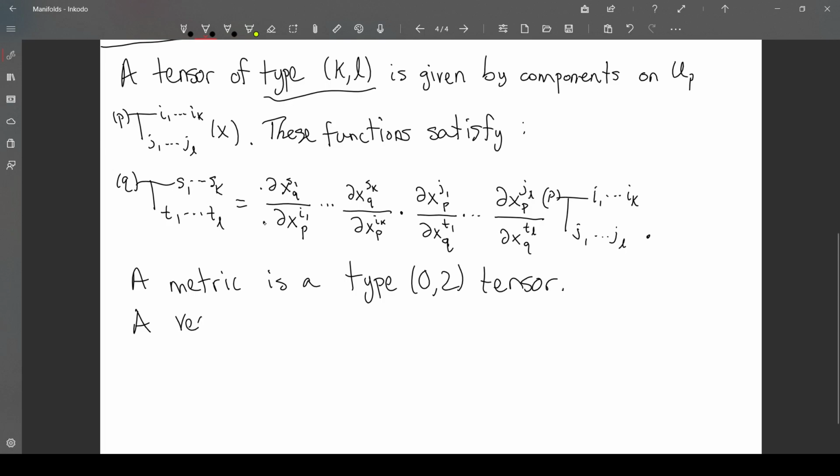A vector, a tangent vector, is type (1,0) because it has one upper index, and a covector is type (0,1).